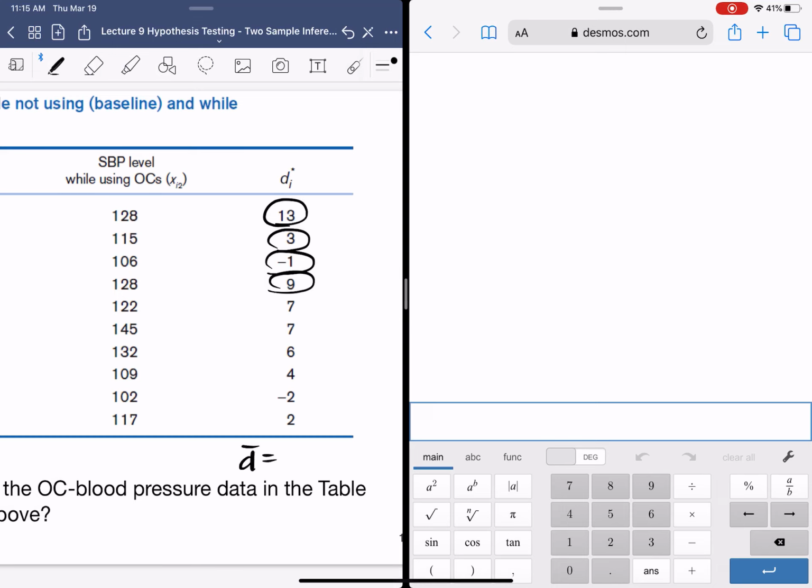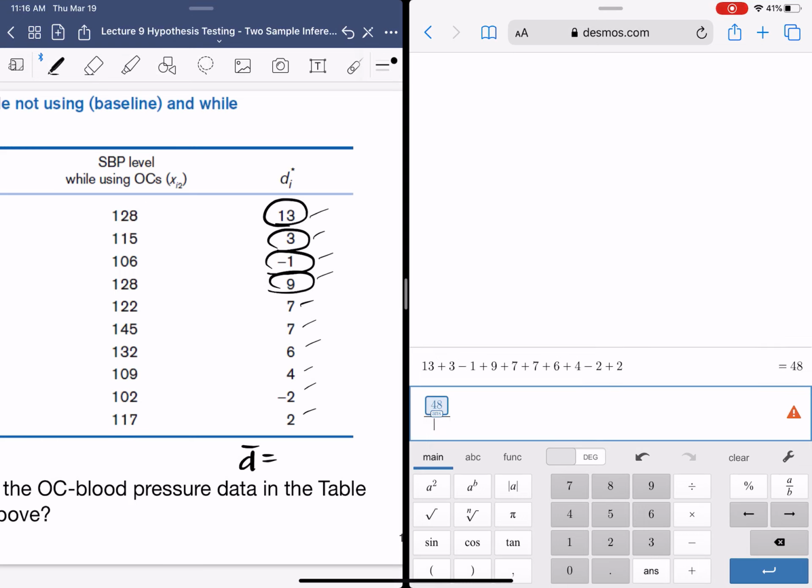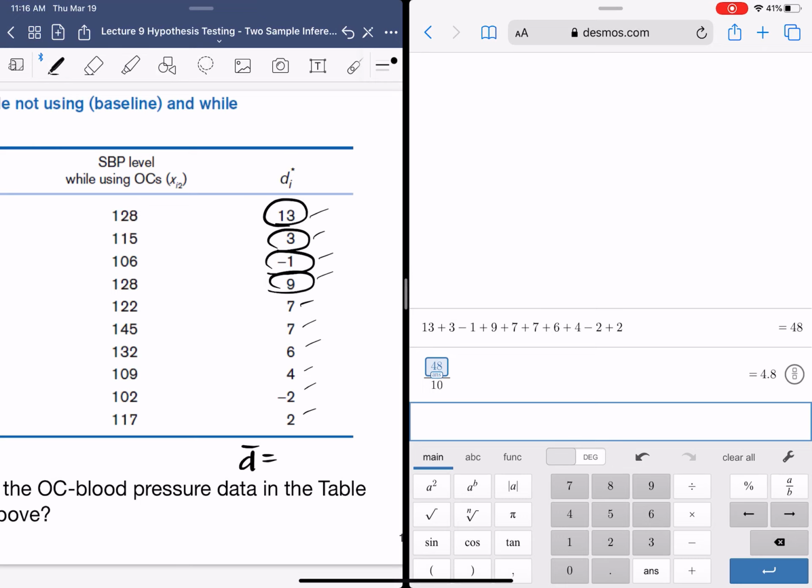So d bar is 13 plus 3 minus 1 plus 9 plus 7 plus 7 plus 6 plus 4 minus 2 plus 2. That gives you 48 divided by 10 values, so the d bar value is 4.8.